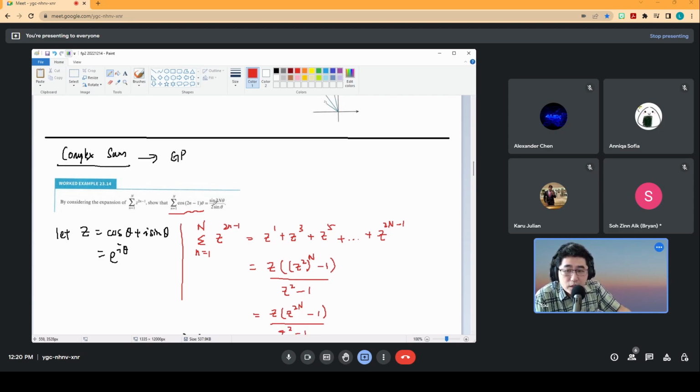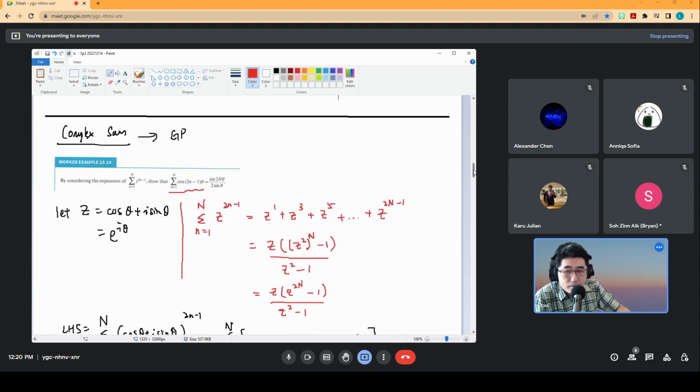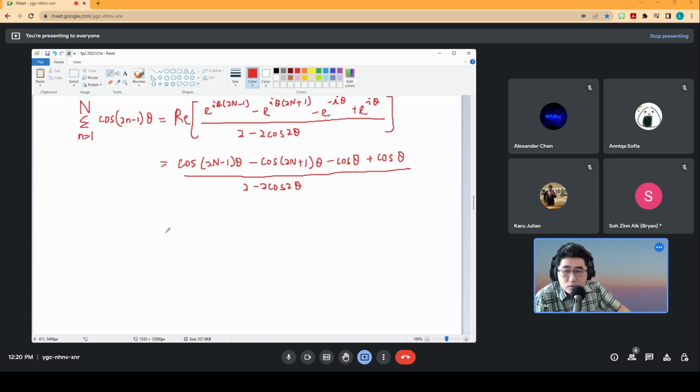Simplifying until I get this thing here, sin 2nθ over 2 sin θ. So, doing trigo, this one cancels off.